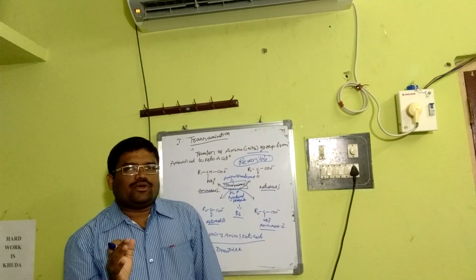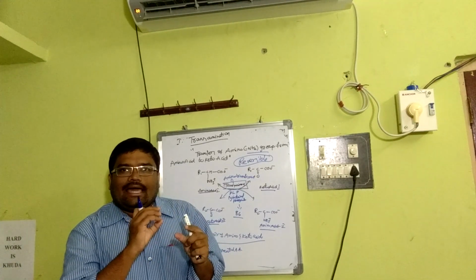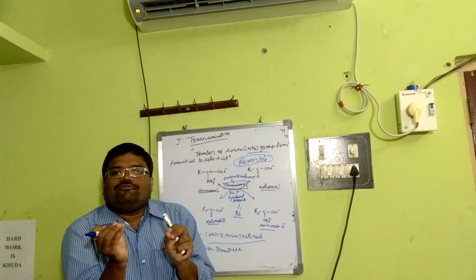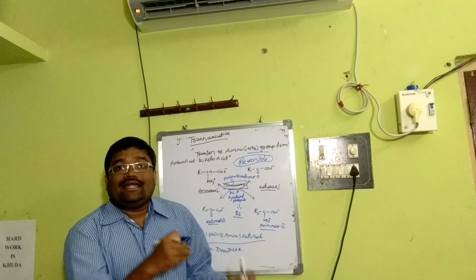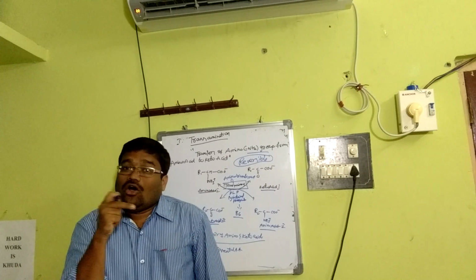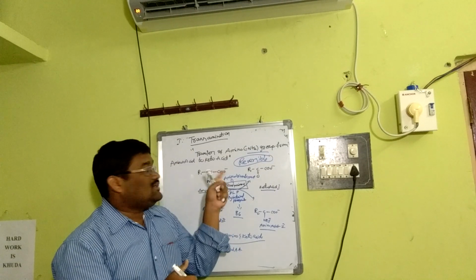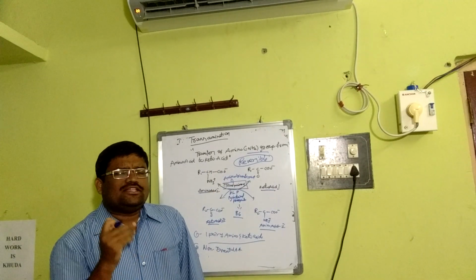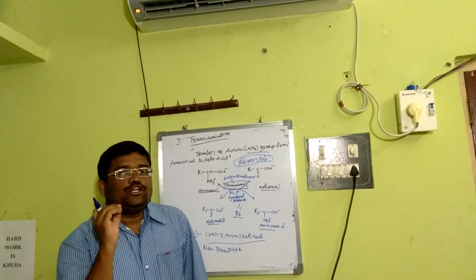Another important component: it doesn't mean that only the alpha amino group will be involved. Delta amino groups, for example the delta amino group of ornithine, will also take part in transamination reactions. This reaction takes place in two steps.